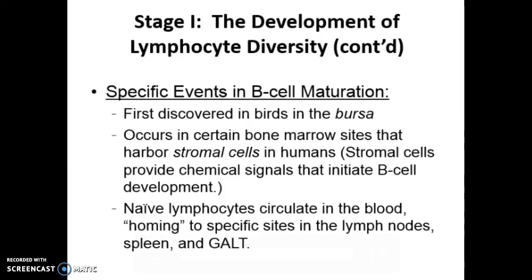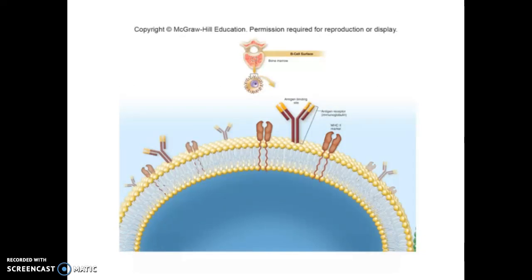The GALT is the gut associated lymphoid tissue. And so the B cells go there, and it's there that they're going to receive the proper signals.